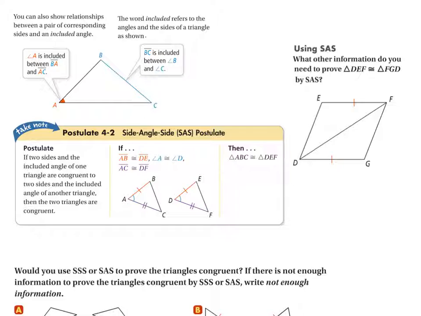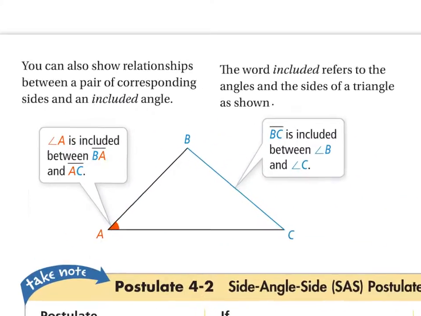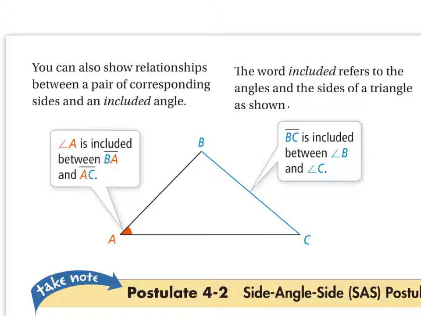On the back side of your notes, there's a little bit of vocab we need to talk about. Okay? We need to know what it means to be an included angle or an included side. So if we talk about two side lengths, or two sides of a triangle, the angle between them is then the included angle.